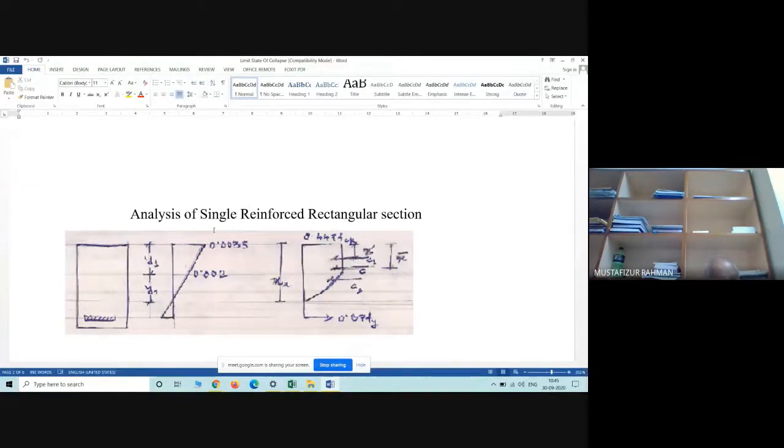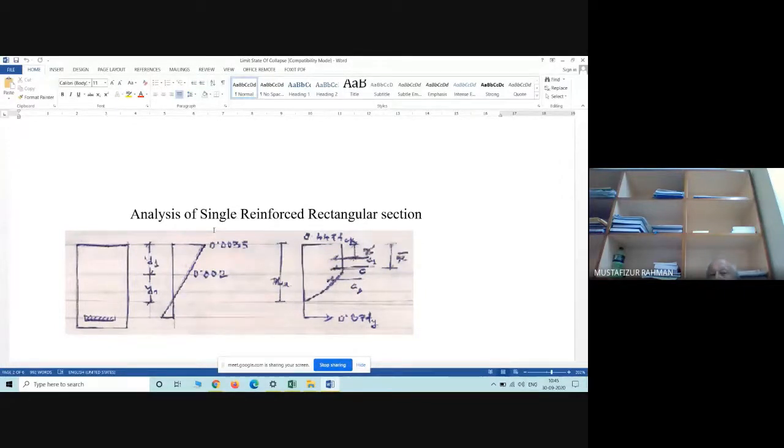Concrete in the tension zone is neglected. So we require some other material which is called reinforcement. The normal reinforcement is steel. So we are providing reinforcement only on one side, that is, on the tension side or tension zone.